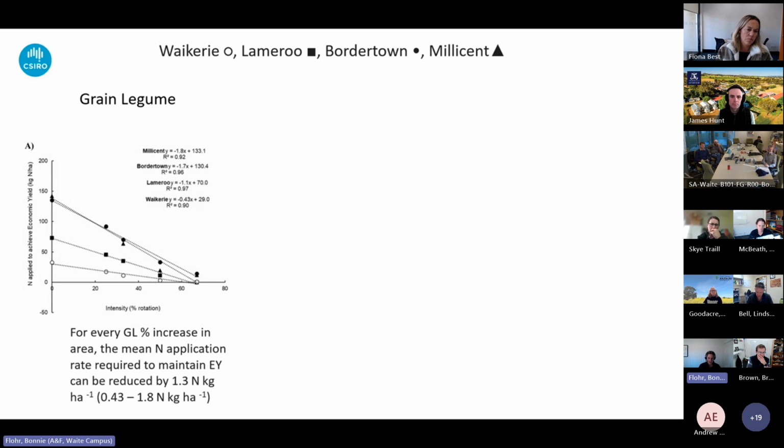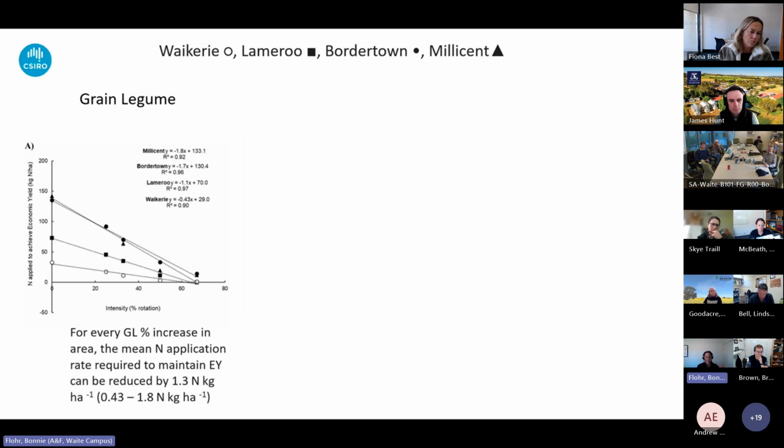So once we had the true, I refer to them as the true optimal N bank for each of the sequence by intensity combinations, we reran the simulations, and these are the outputs that I will show in the rest of the slides.